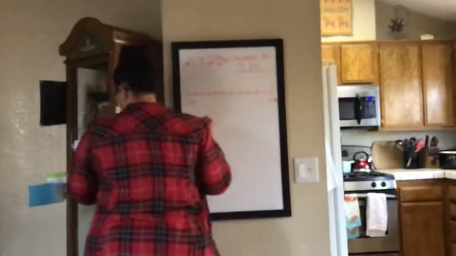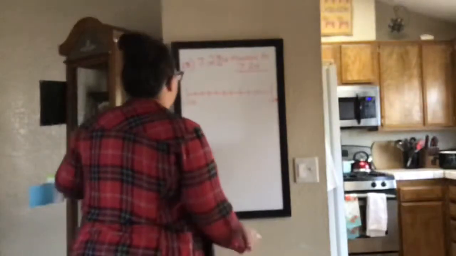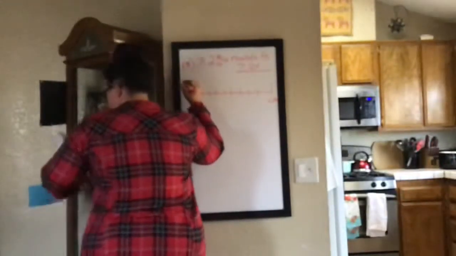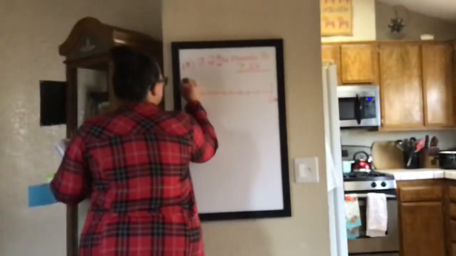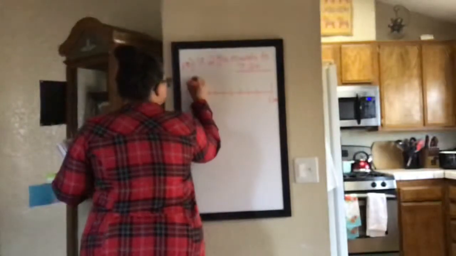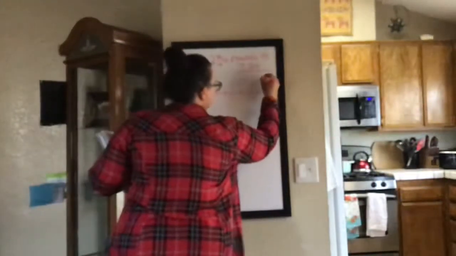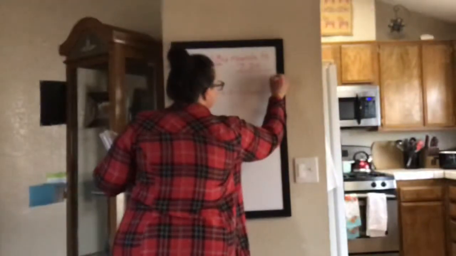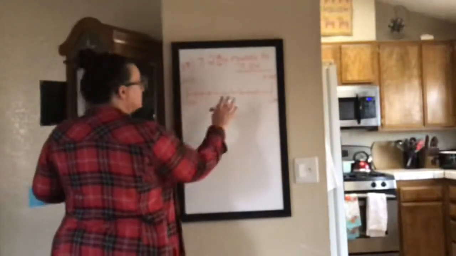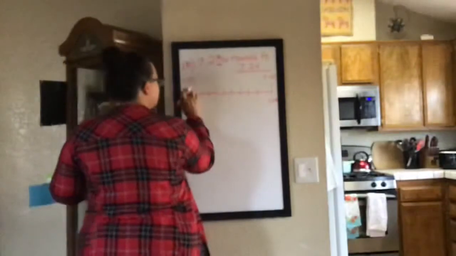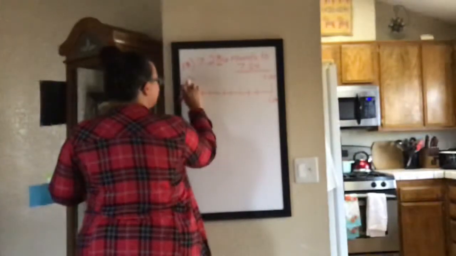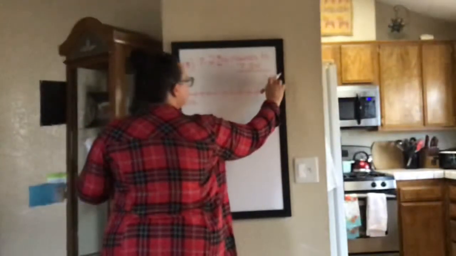Okay, so where is 7.235? They put this because you guys all know I took the 0 away. This is the same thing as 7.23 and 7.24. Got it? So we're rounding to the nearest hundredth. It's either going to go down to stay at 7.23 or go up to 7.24.